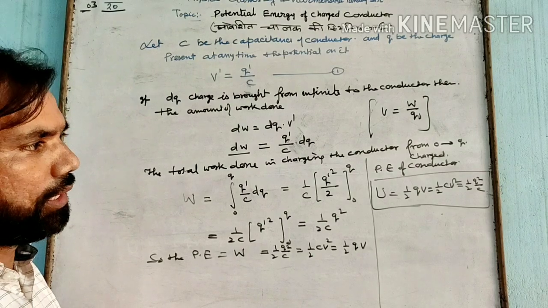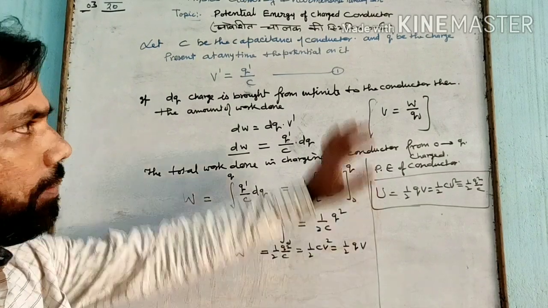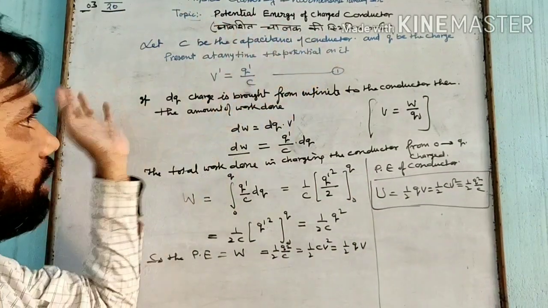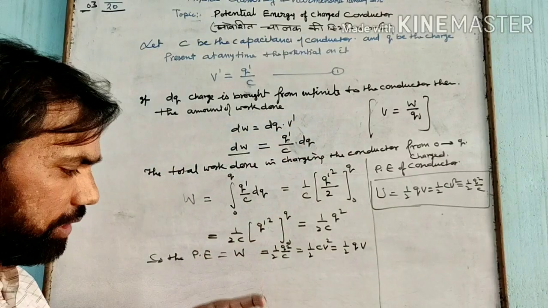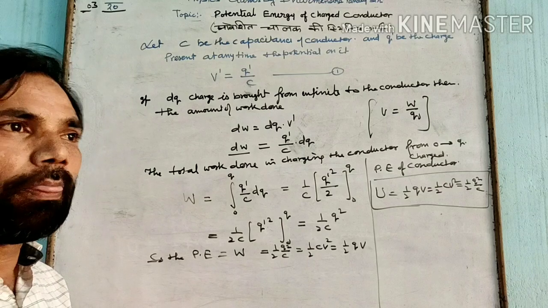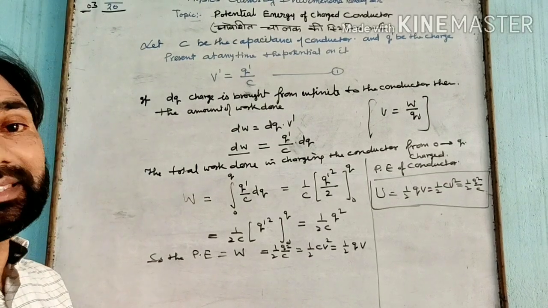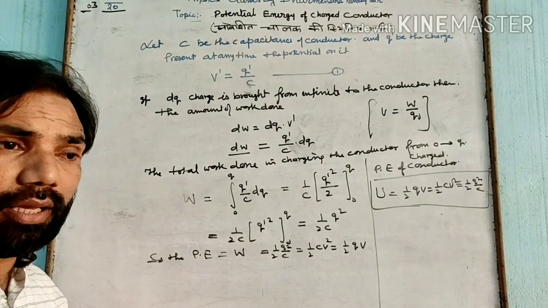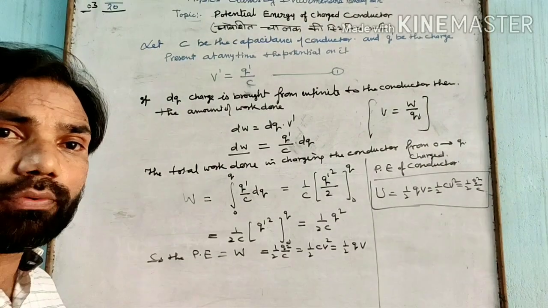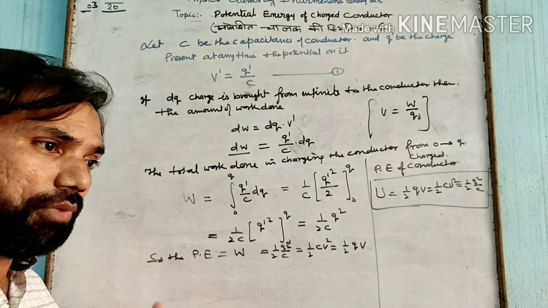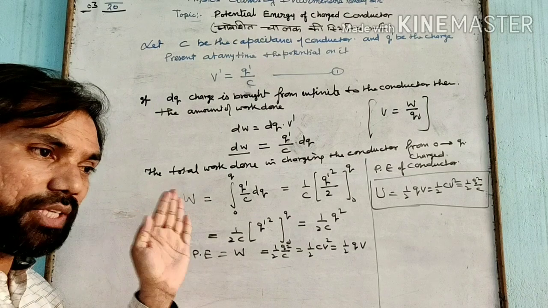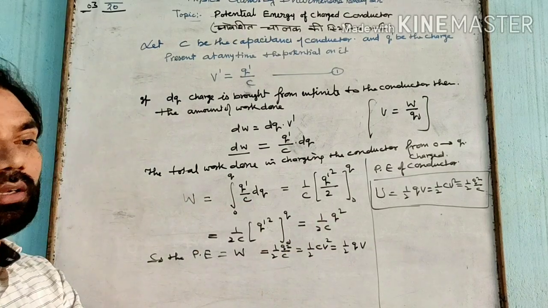Okay, in the next period we will tell you about charged bodies having their individual different capacities, and if we connect them through a conducting wire, then what amount of energy is lost in both the bodies, what is their common potential, and what is the amount of charge which is shared from one body to another body.